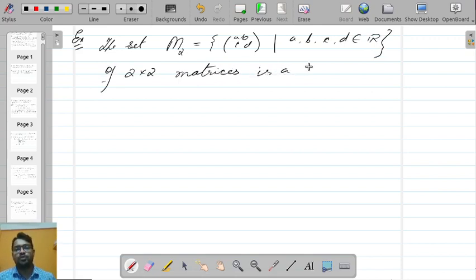The set of 2 by 2 matrices is a group with respect to addition. How do you define this operation?